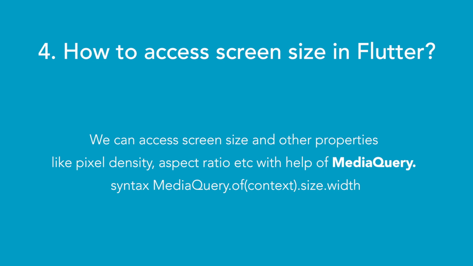Now when you said that we can access screen size and other properties like pixel density and aspect ratio, you emphasized that you have enough knowledge about MediaQuery, you know other properties as well, not just the screen size. Similarly, when the question is about aspect ratio, you can start with aspect ratio and tell about screen size and pixel density later on, and that will make a good impression on the interviewer.